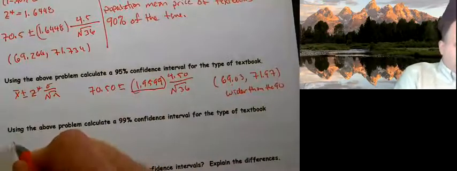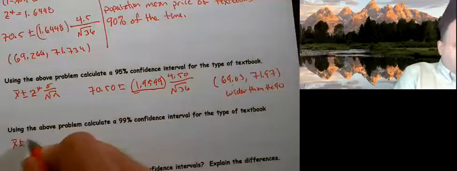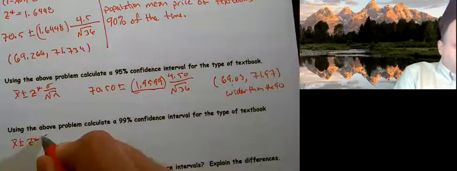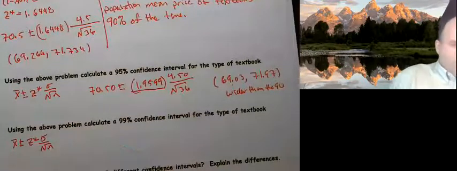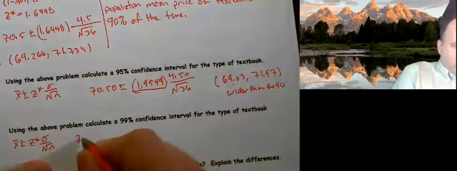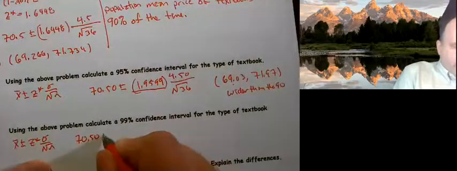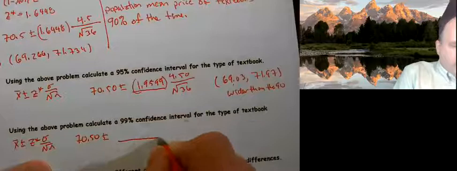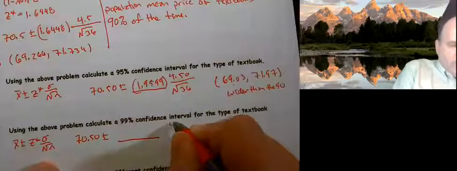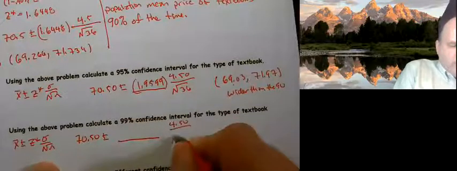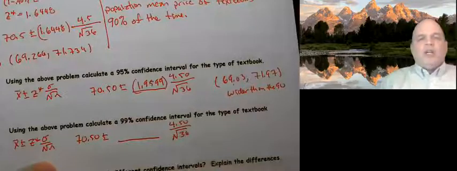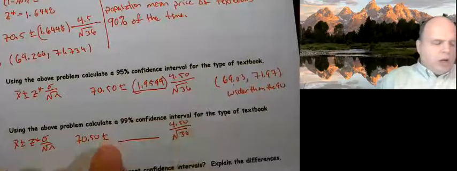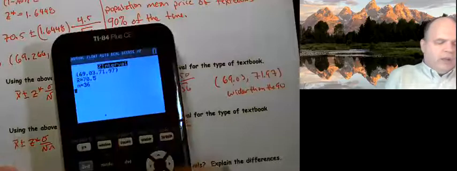So x bar plus or minus z star sigma divided by the root of n, 70.50, because we know that. We'll come back and figure our z star in a moment. And this is going to be 4.50, and this is going to be the root of 36. We didn't change that, but we did change our z star to 99.